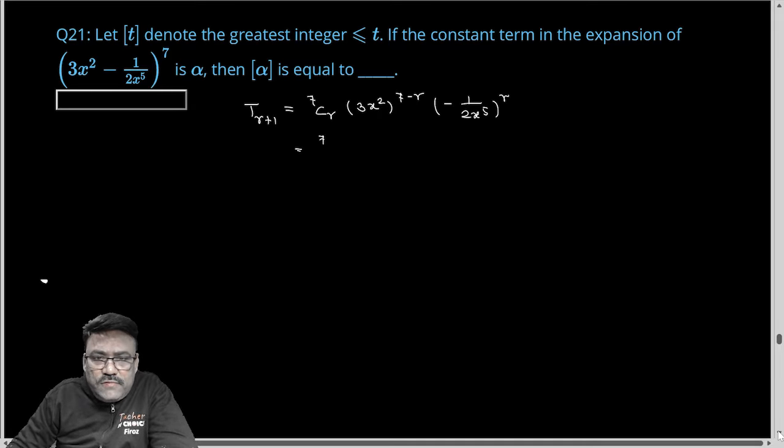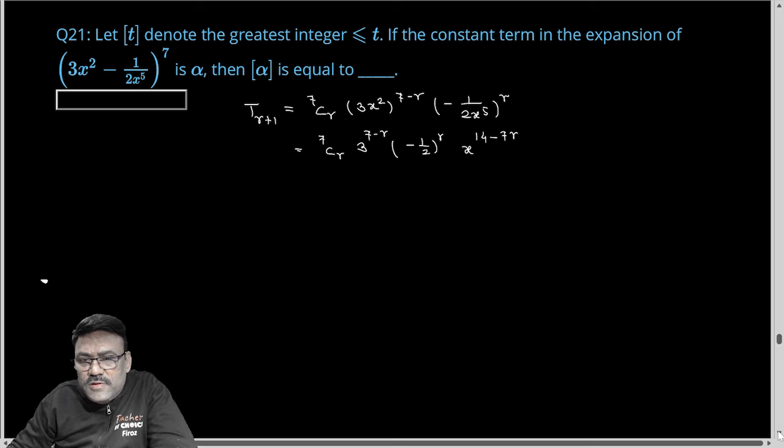So it is 7Cr 3 raised to 7 minus r, minus 1 by 2 raised to r, then x raised to 14 minus 2r minus 5r, so minus 7r. Since the term is independent of x, this 14 minus 7r is 0.